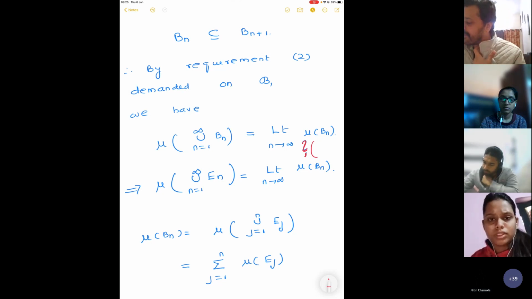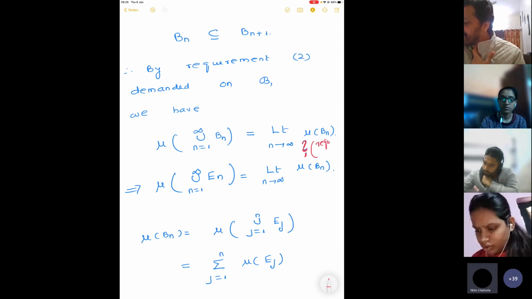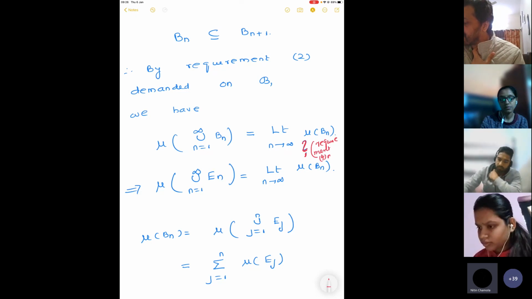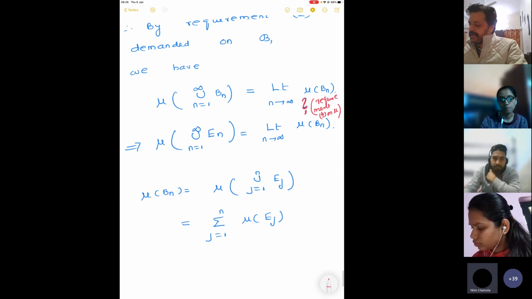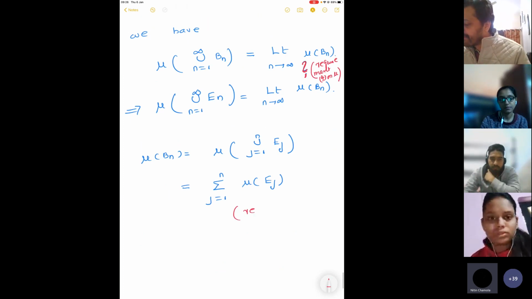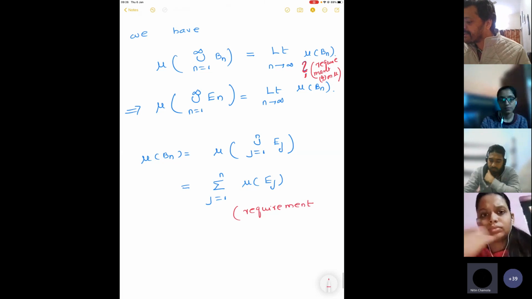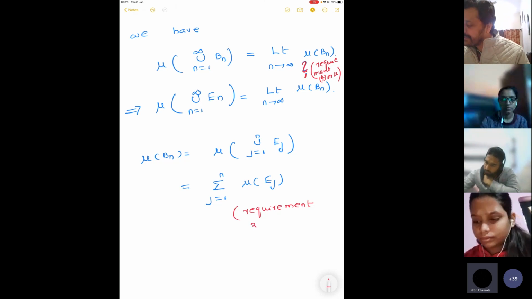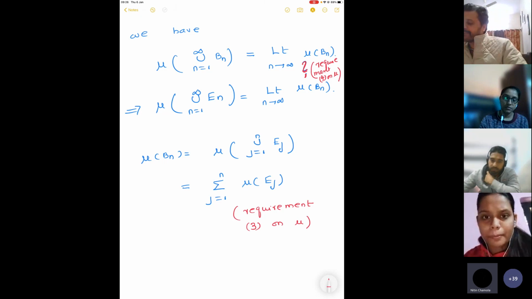Requirement 4 on mu. And this is the requirement for finite unions, disjoint: whole is equal to sum of a finite number of parts. Requirement number 3. So using 3 and 4, I got up to this.